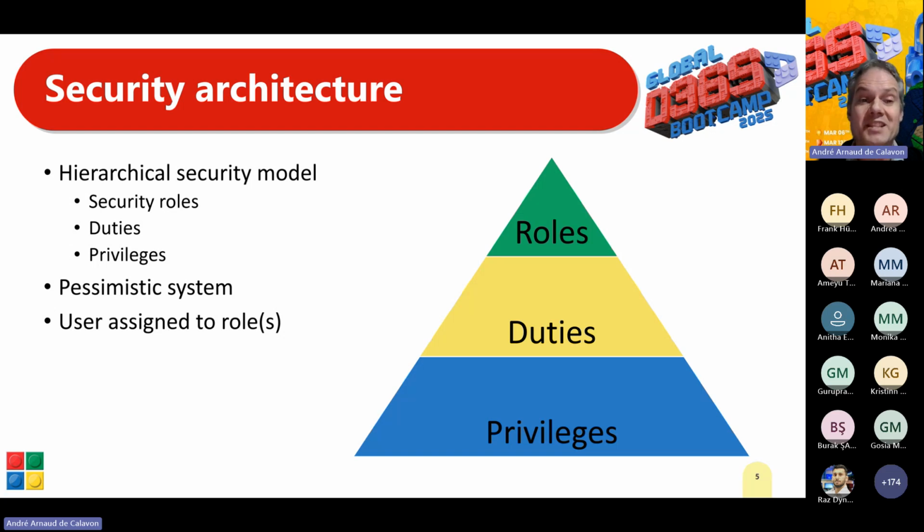It's also a pessimistic system, meaning that if something is not provided to a user, or certain parts are not in the security model, the users will not have access to those areas, except for the system administrator security role. If someone has access to that role, it will bypass all security in the application.